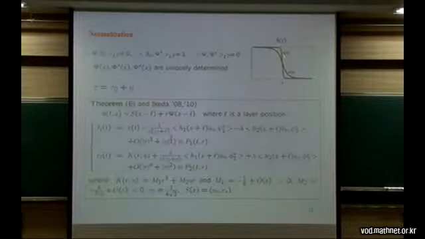Component U has a transition layer at x equals 0. Okay, we fix the phase of the standing front solution. And we put tau equal to tau naught plus eta, where eta is the difference from tau naught. Okay. Then we have the following theorem.